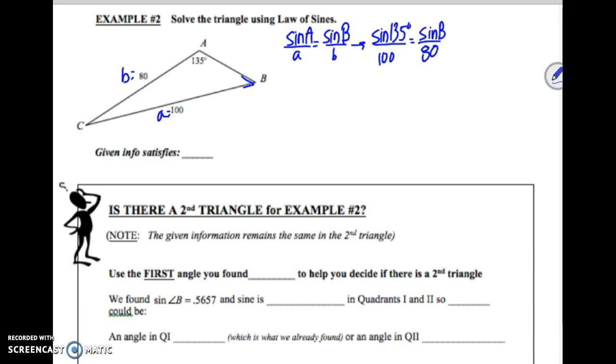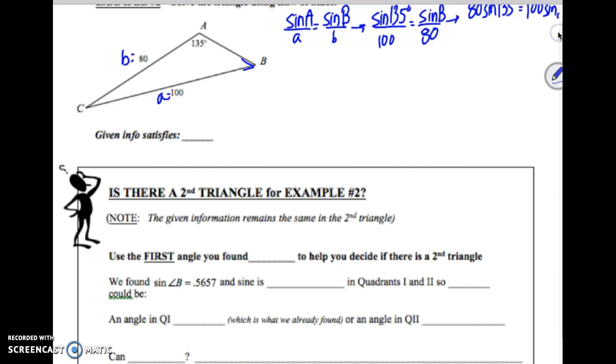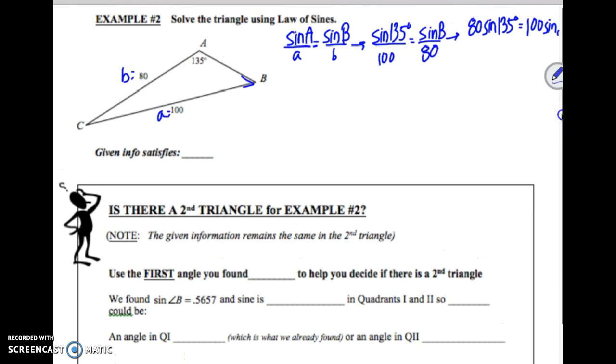So in multiplying by the denominators on both sides, we are left with 80 times sine of 135 equals 100 sine of B. Dividing by 100, we are left with 80 sine of 135 divided by 100 equals sine of B. Then we can take the sine inverse of both sides.